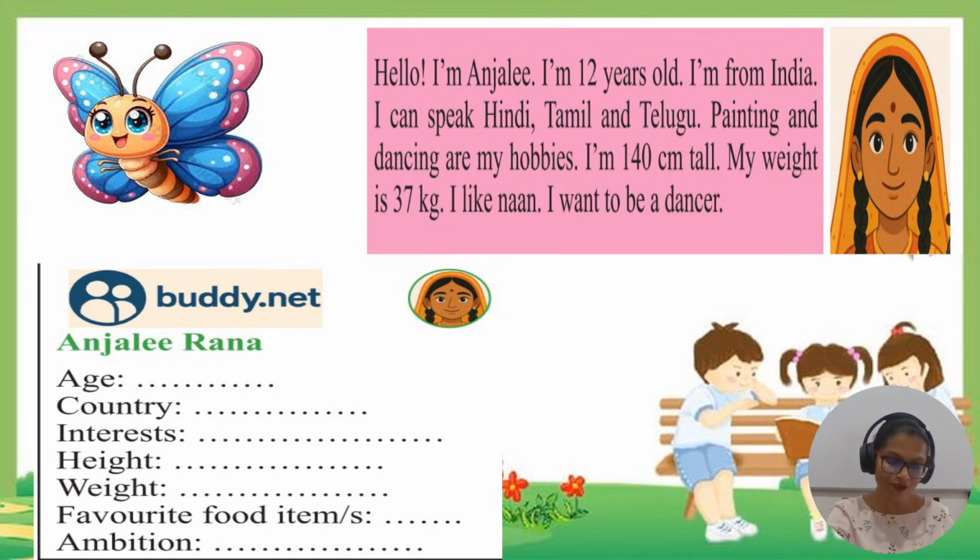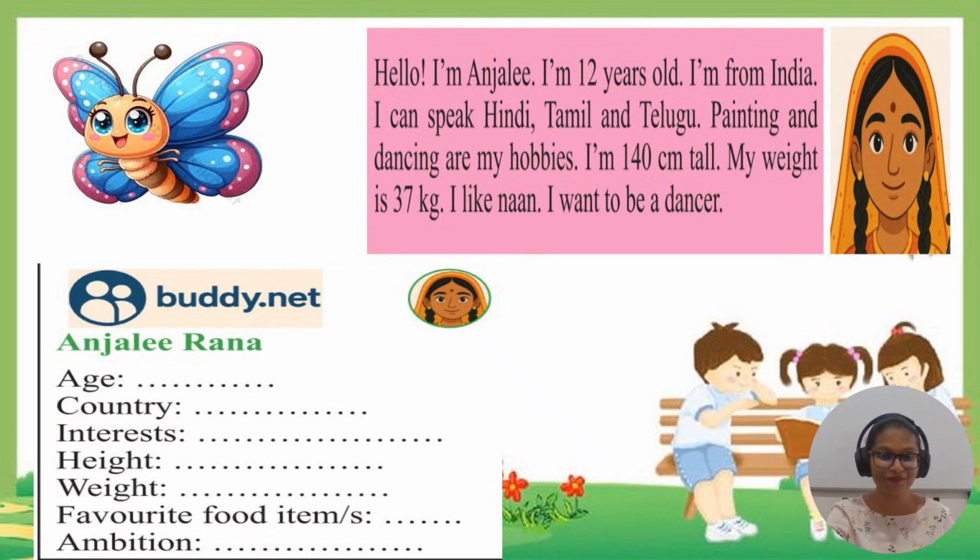Third one, interests. What are her interests? Yes, dancing. Dancing is her interest, right? And height, that is 140 centimeters. And weight, that is 37 kilograms. Favorite food item or items.